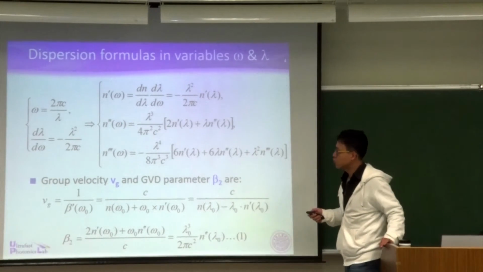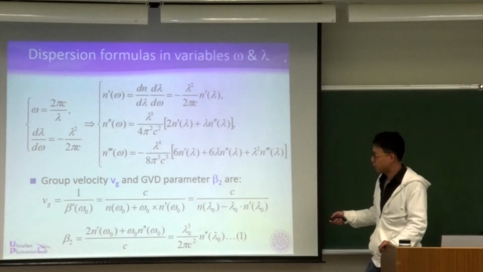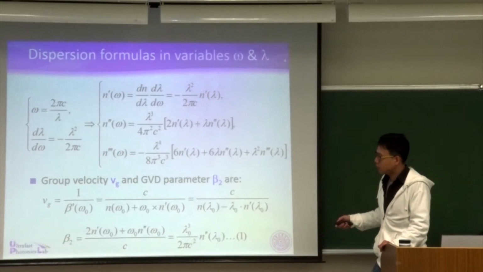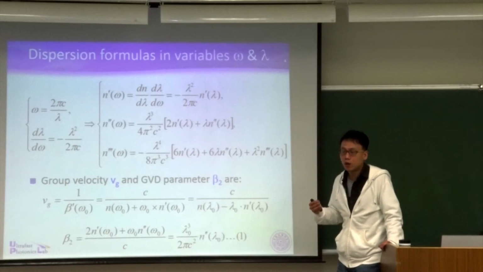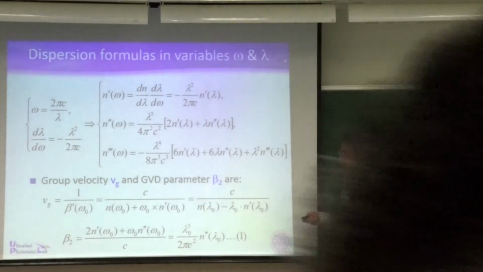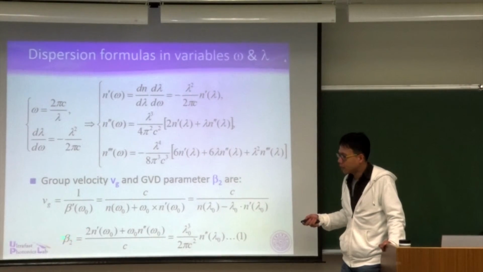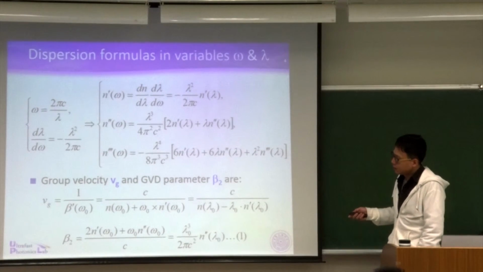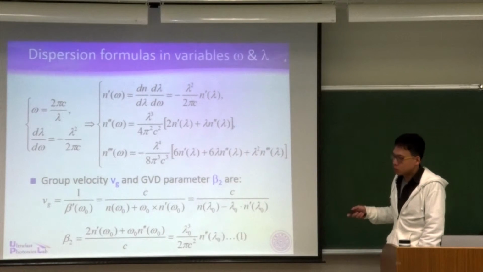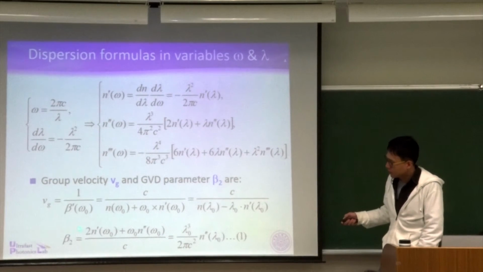Second formula, the GVD parameter, beta 2. Beta 2 is just the second order derivative of beta of omega with respect to frequency omega, right? And you can repeat the process in the end. If you write it down in terms of variable omega, you get this.